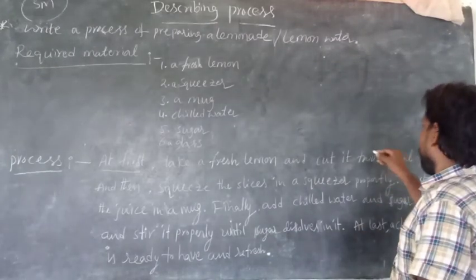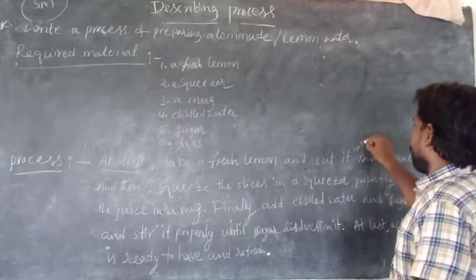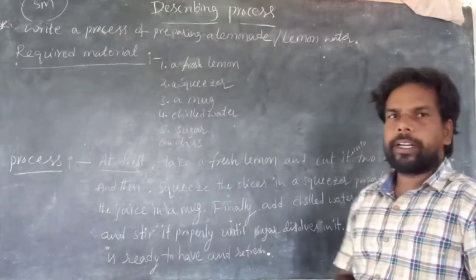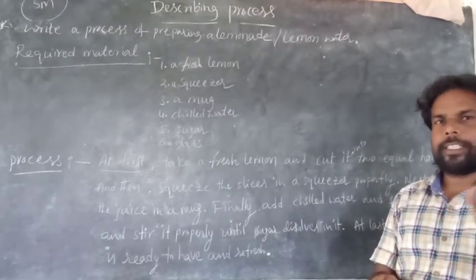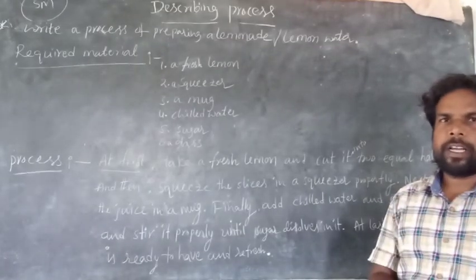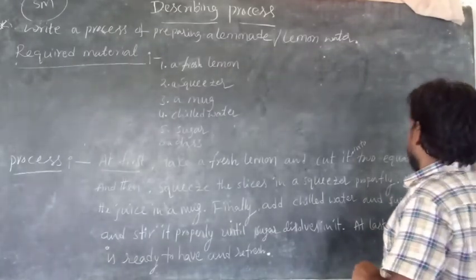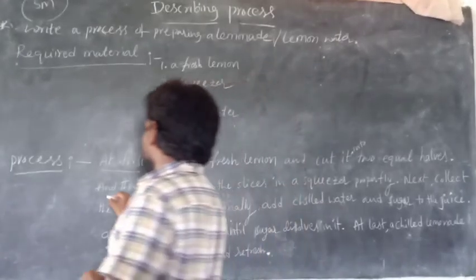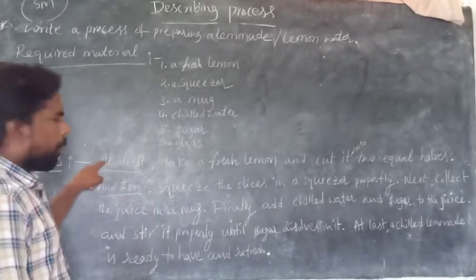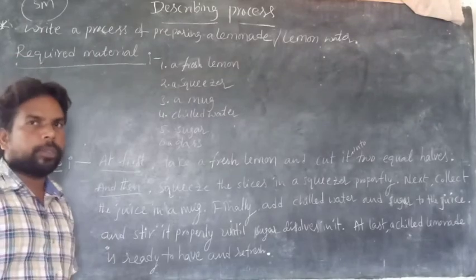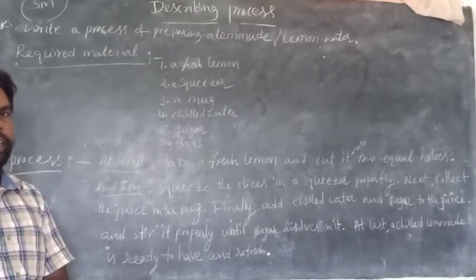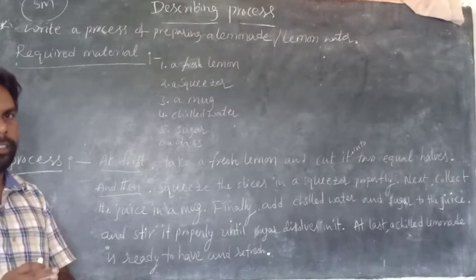Halves is the plural of half. This is the one. And next one, and then. At first, and then, these words show sequence or order.